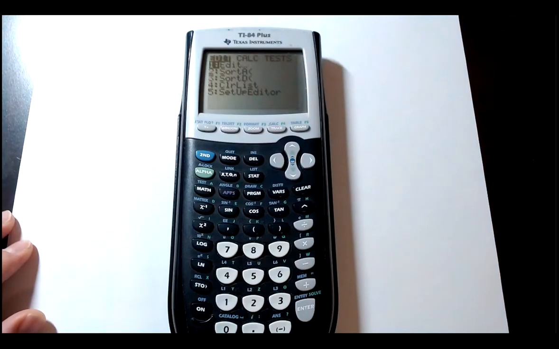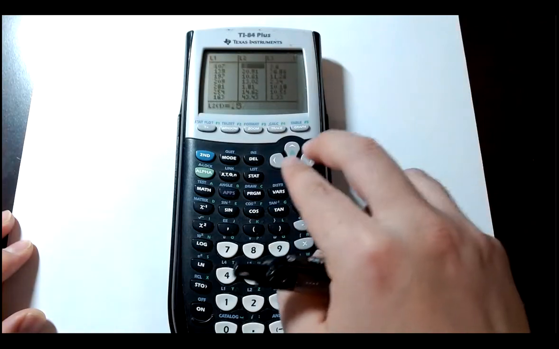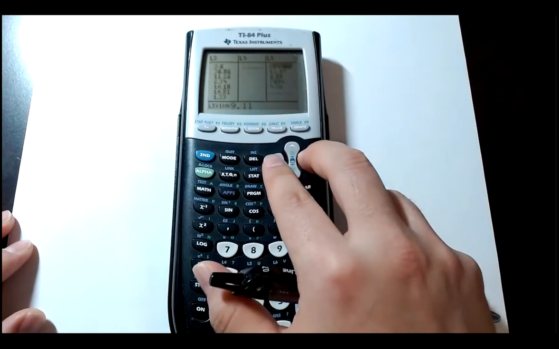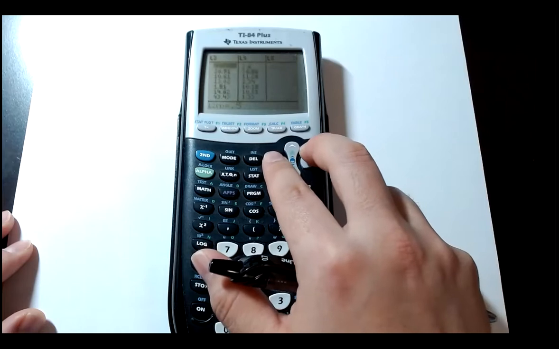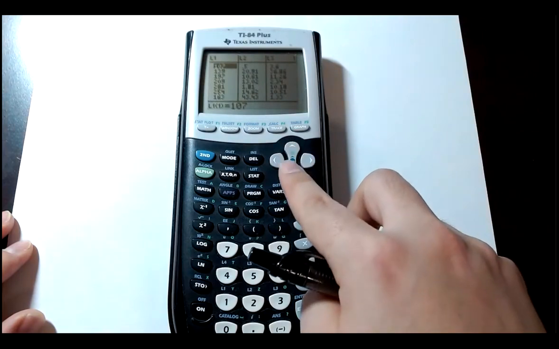So we just click EDIT. Then you see L1 through L3, 4 and 5. You can make more columns. So you see a whole bunch of columns. I already entered the data into column L1.